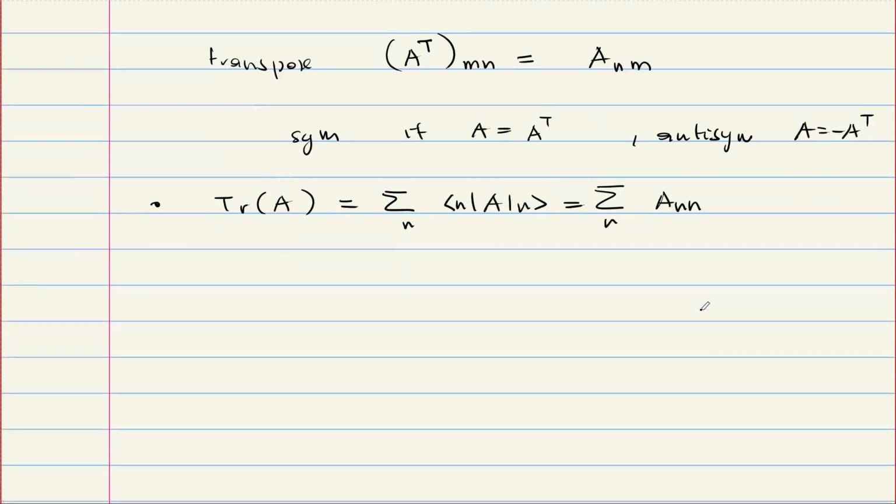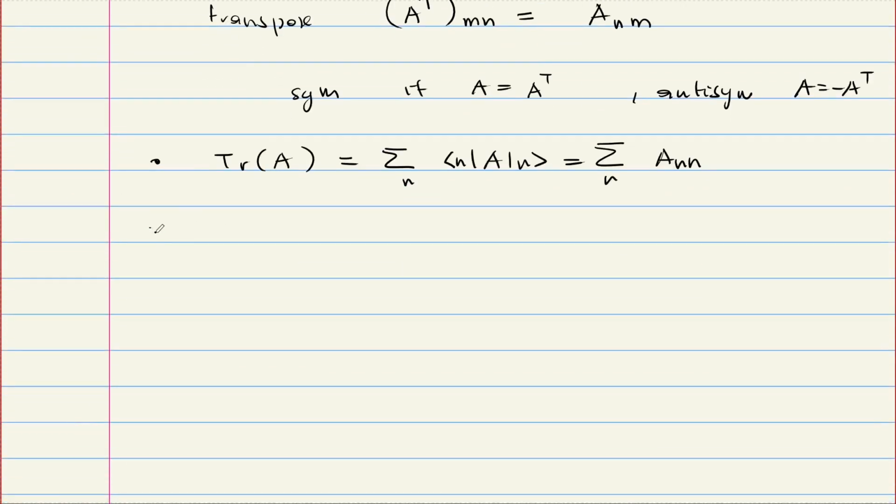And Hermitian conjugate, okay, that's your question. We show it with a dagger, and this is equal to A star transpose. We take the transpose and the complex conjugation.